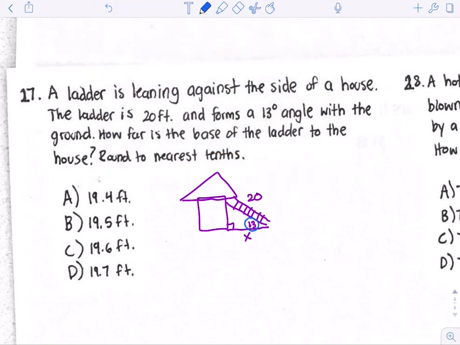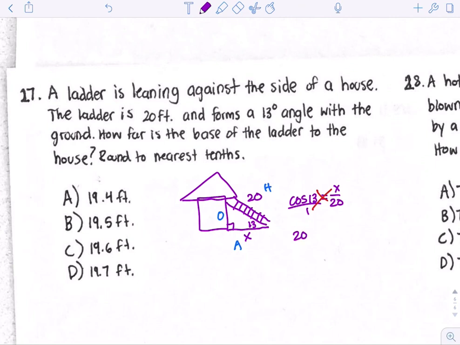In the perspective of this angle, opposite, adjacent, and hypotenuse. So we have to use A and H. So that's cosine. So cosine of 13 is equal to x over 20. Cross multiply.